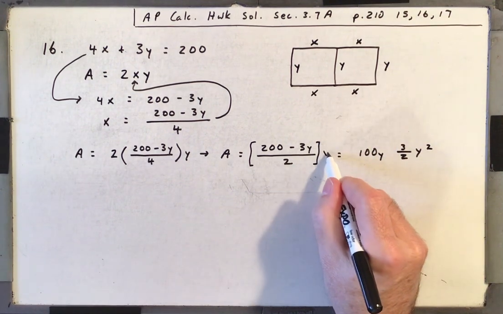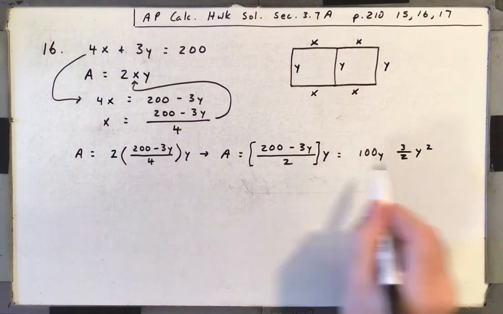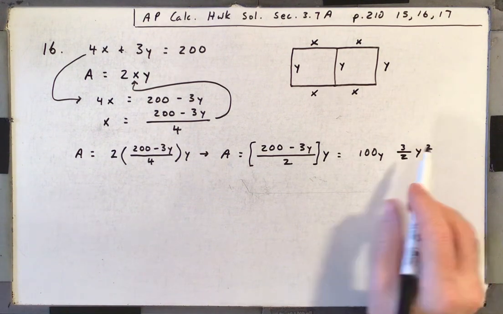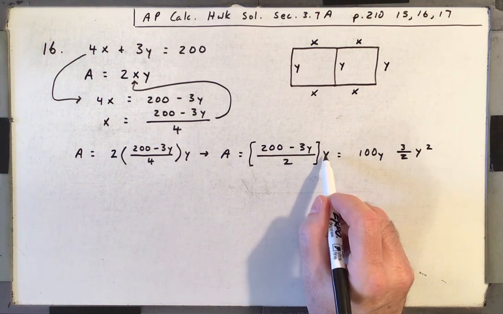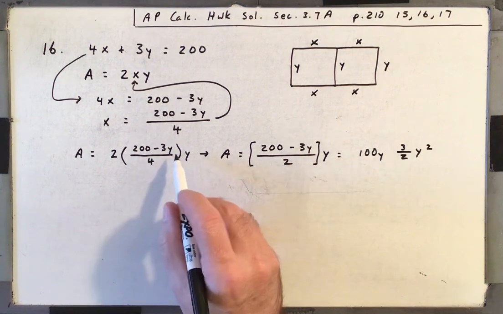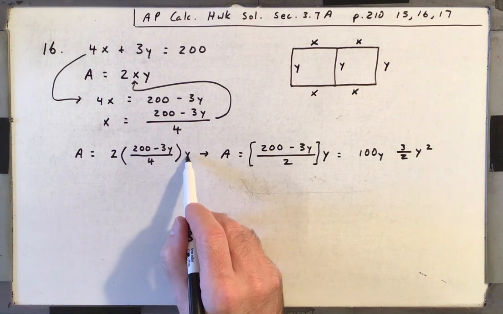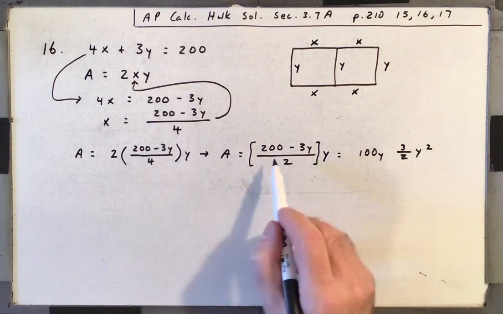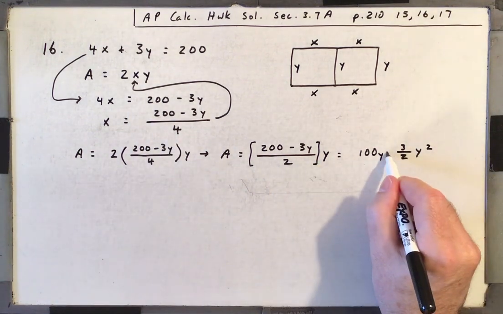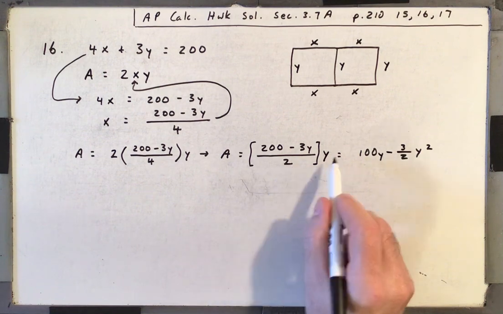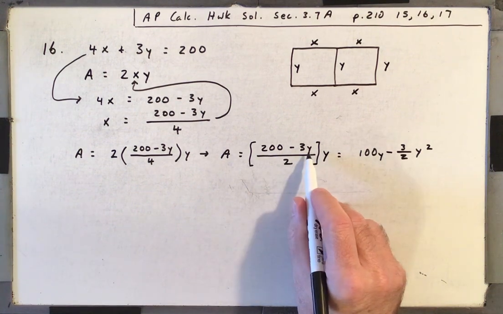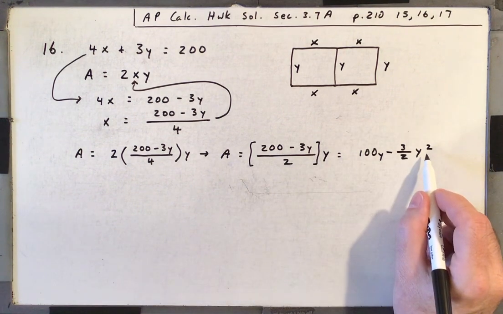So yeah, all of this is times y, because there's a y right there, and I wasn't able to solve it. So I can see that we've got to distribute a y across that, right? Because it's 2x. 2 times this is all x, and then times y right here. So distribute the y, and I'd have 100y minus 3 halves y squared.